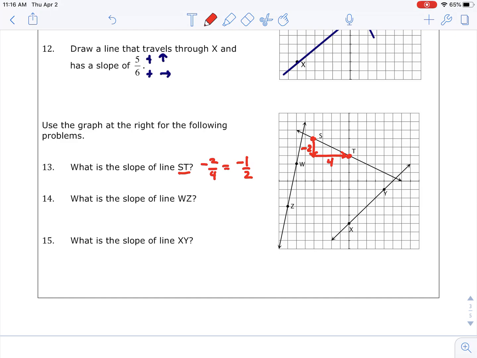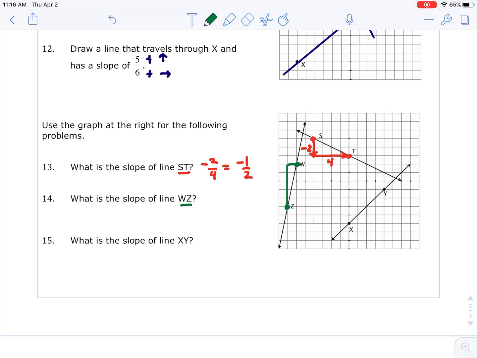All right. When I go to do WZ, W is on the right, Z is on the left. I'm actually going to start with the Z, which is on the left. I'm going to start here, and then I'm going to go to W. This time I want to, again, always focus on your rise first. I'm going to go up first, and then I'm going to go to the right.